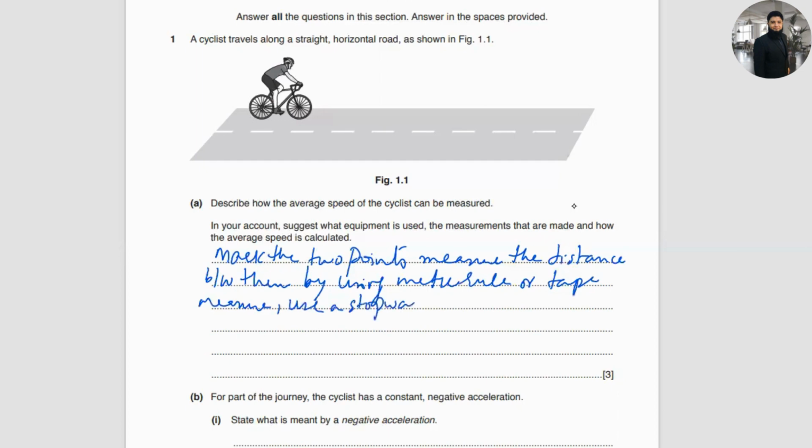Use a stopwatch for the measurement of time between the 2 points.